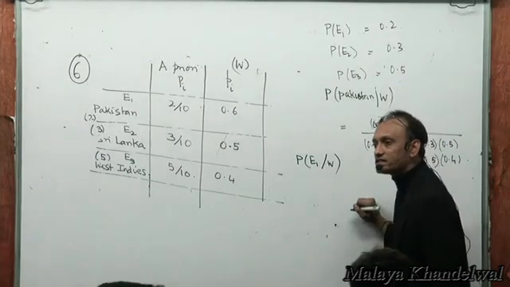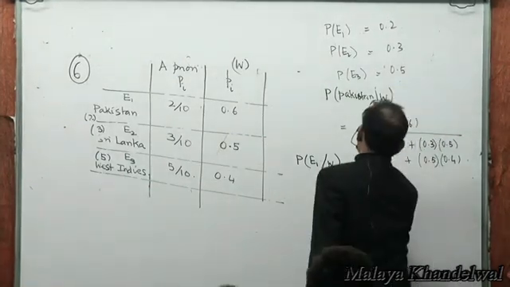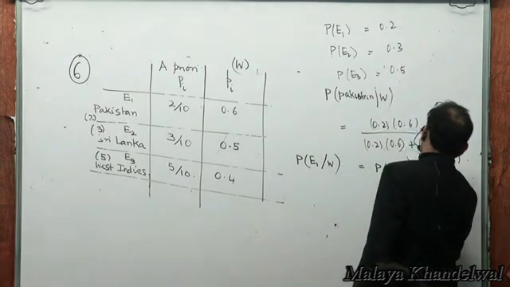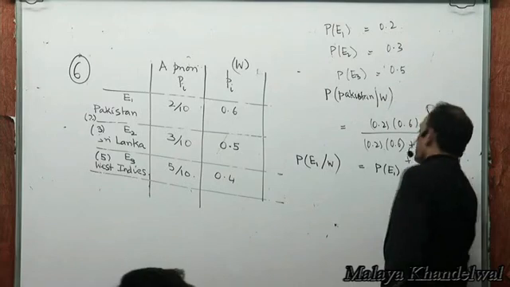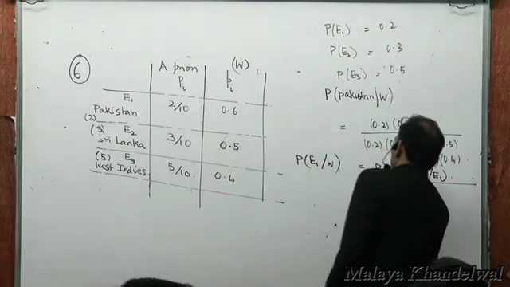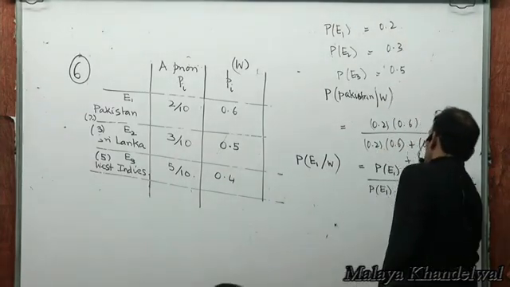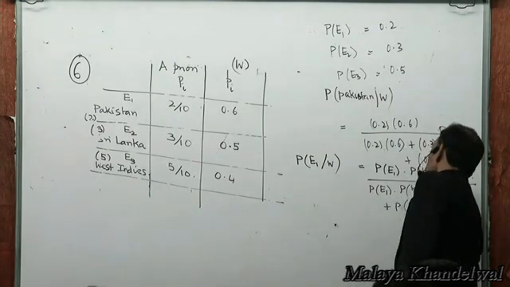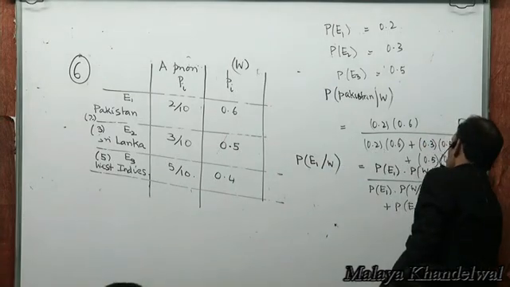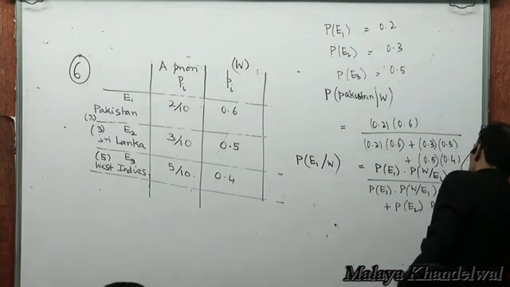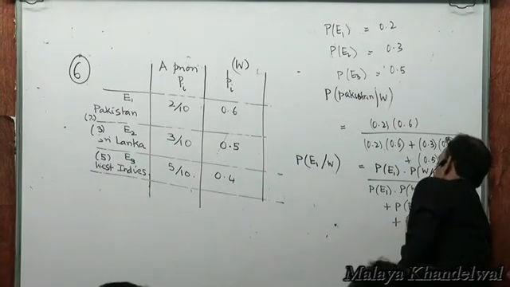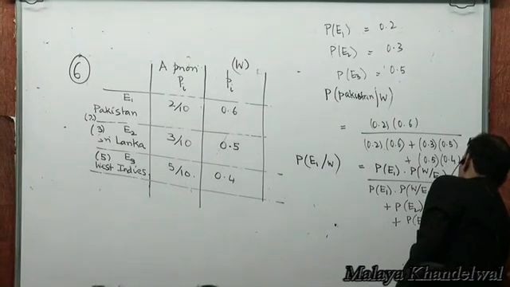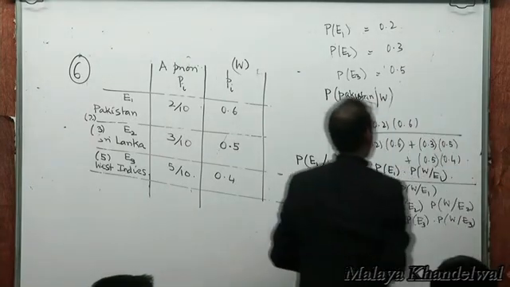Probability of E1 being the cause given that we have won is going to be probability of E1 into probability of win given E1, divided by probability of E1 into probability of win given E1, plus probability of E2, that means Sri Lanka, into probability that we win given we are playing Sri Lanka, plus probability of E3, West Indies, into probability of win given that we are playing West Indies.